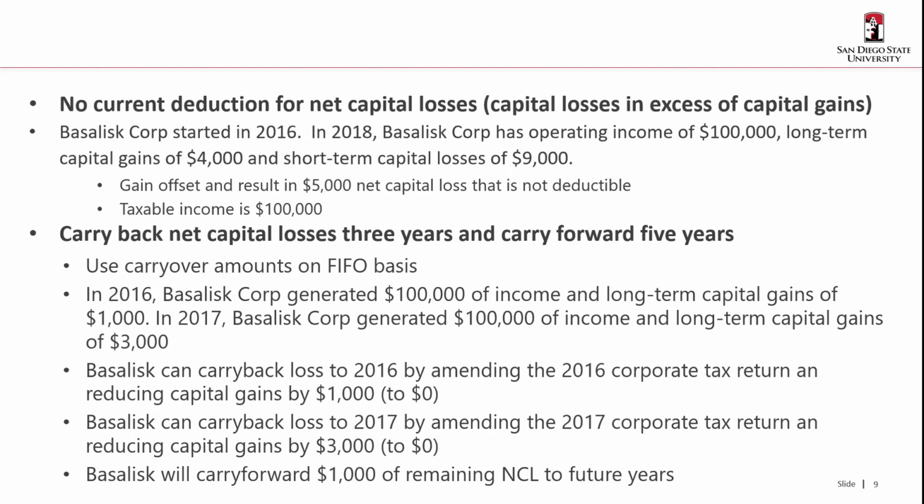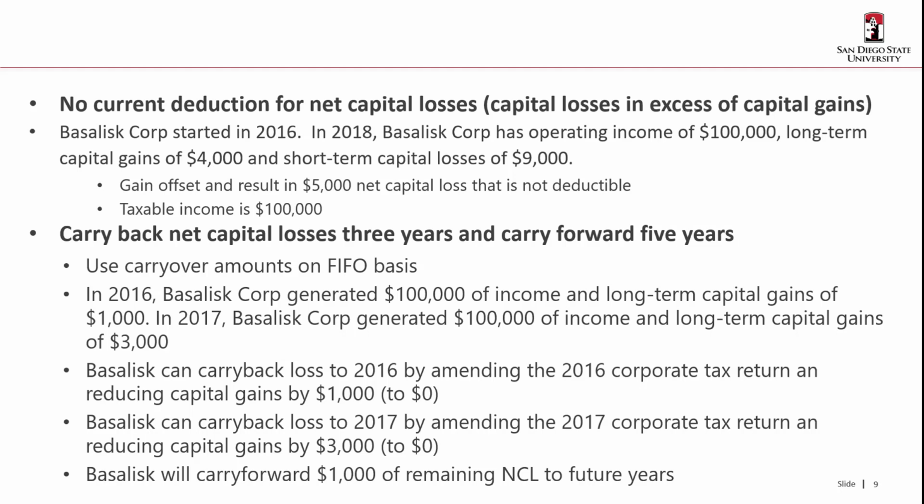But we need to look and see, can Basilisk carry back these net capital losses or try to carry them forward? So any carryover amounts would be used on a FIFO basis. So that means if I generate a net capital loss in the first year, I have to use that one before I could use up any net capital loss generated in the second, third, fourth, or any year thereafter.